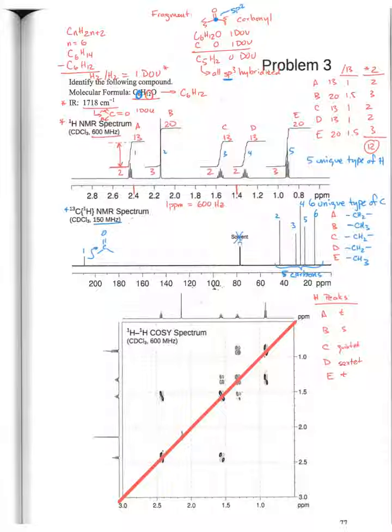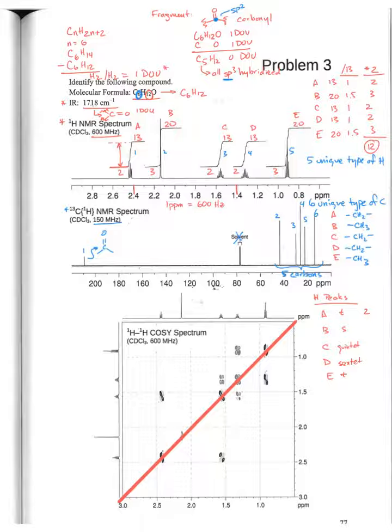So based on those multiplicities, we can use the n+1 rule to figure out how many neighbors are bonded to that. So peak A is a triplet, which means that it has 2 neighbors, so 2 + 1 gives you the triplet. So in this next column here, we'll just write 2.